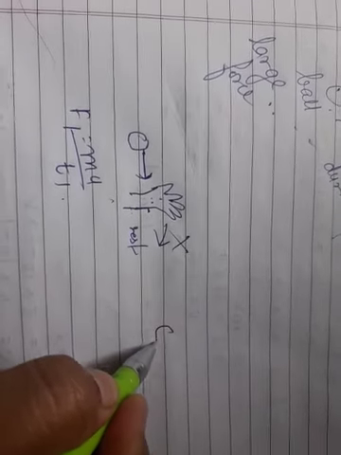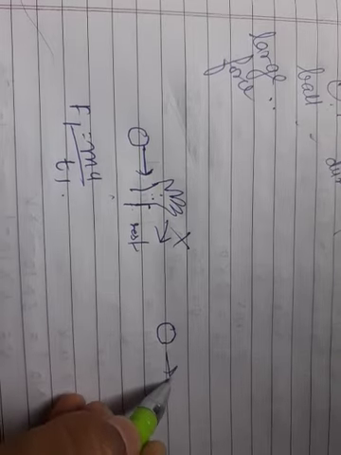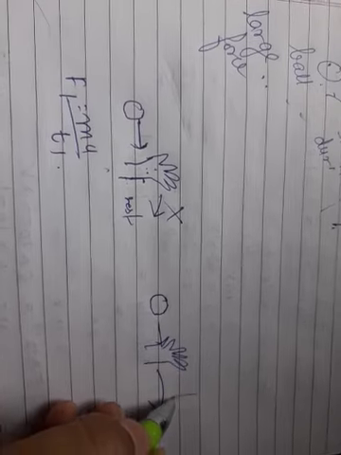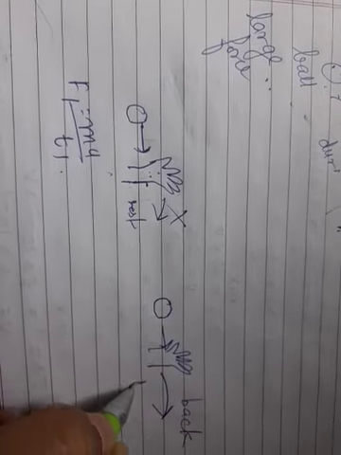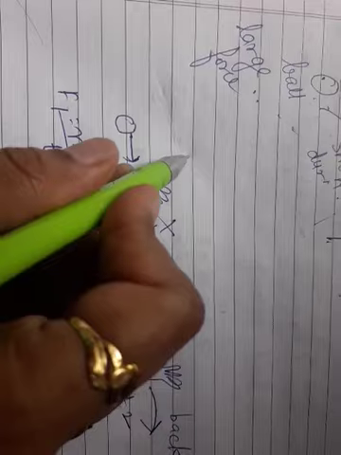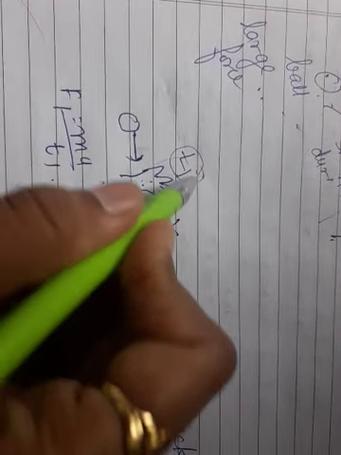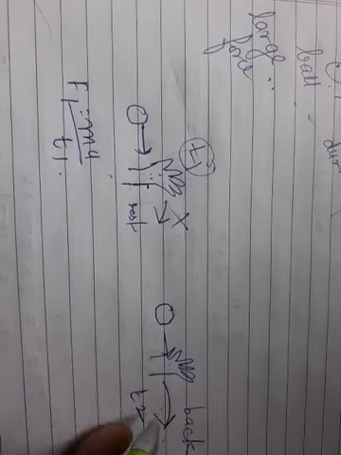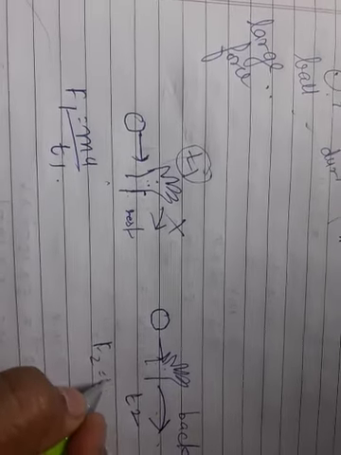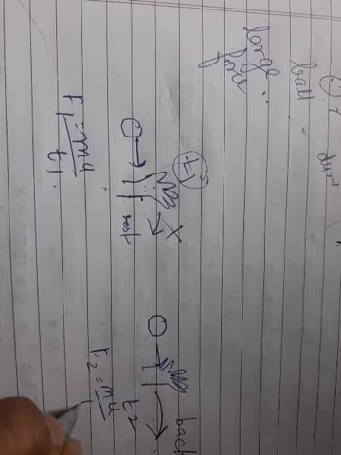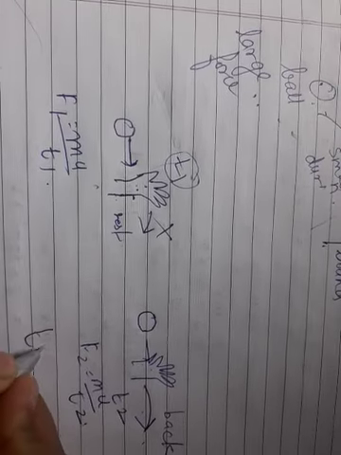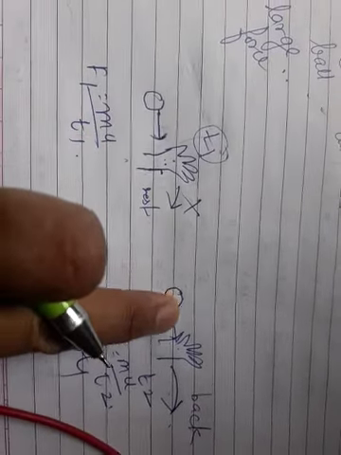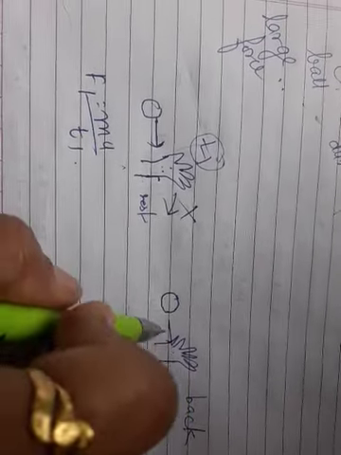Now in the second case, he caught the ball and his hands went back. This will be T2. See here, T1 is less time and here it is T2, because the ball will come back and his hand will go back. So F2 equals mu upon T2, and T2 will be greater than T1, because he caught the ball and then withdrew his hands backwards.